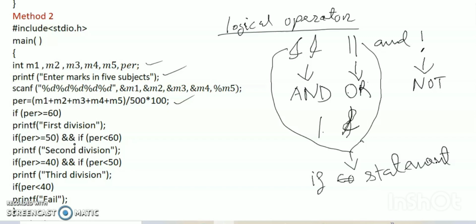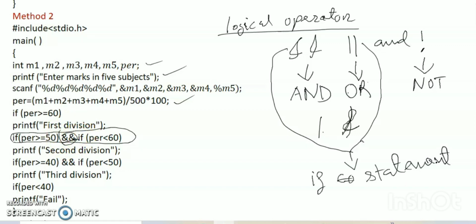Second division gets printed if both the conditions evaluate to true. It means this condition and this condition, both evaluate true, then this operation, then it is printf.